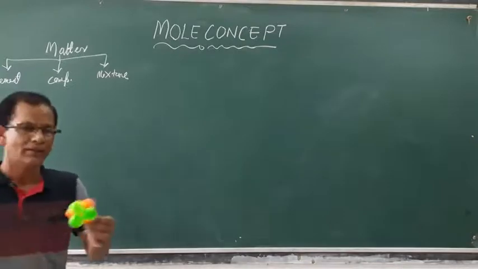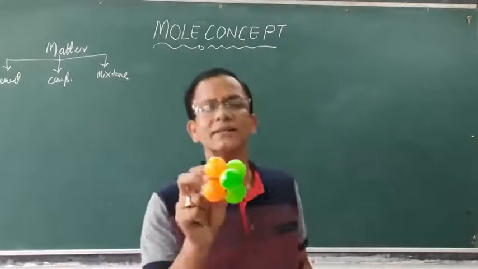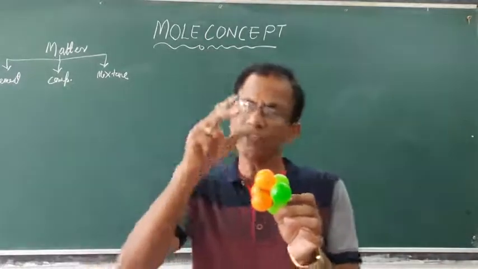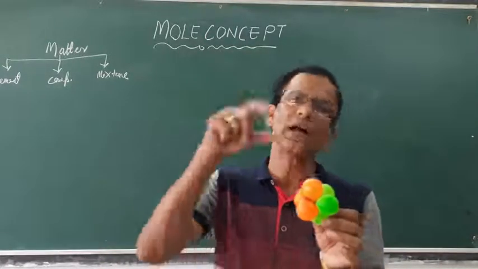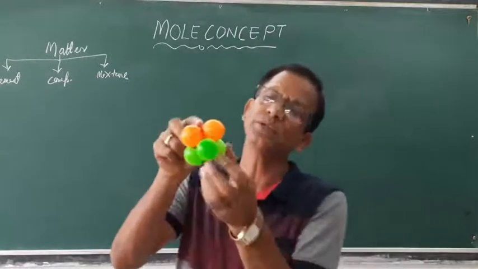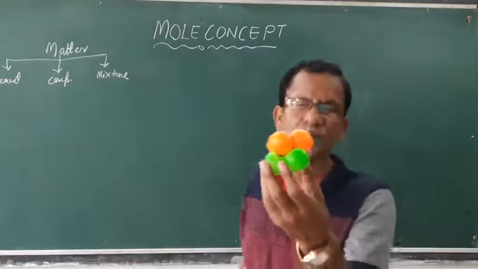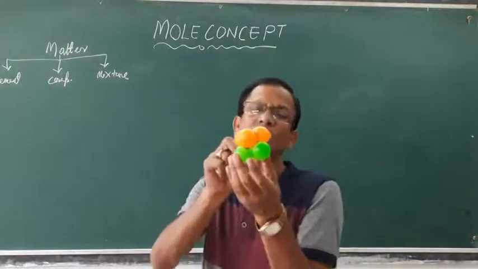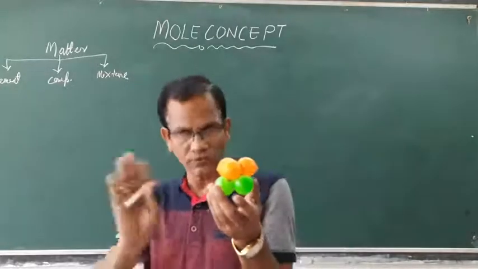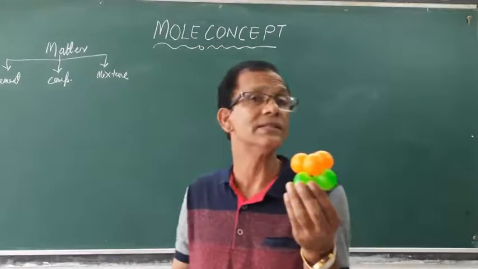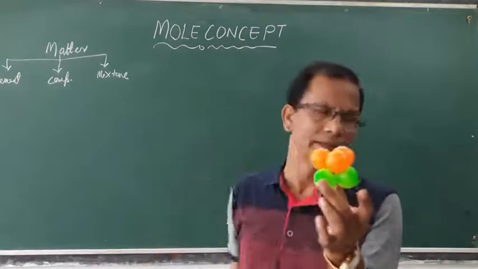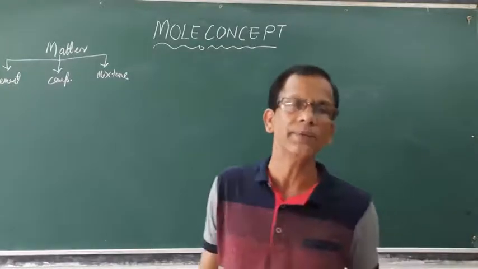If you see this model, its arrangement is totally different. Here one is placed over another one. These are the green spheres, and over the green spheres the orange spheres occupy. One sphere over another sphere, but in this case it is different because they are not all in the same plane. The lower one and the upper one are not in the same plane.